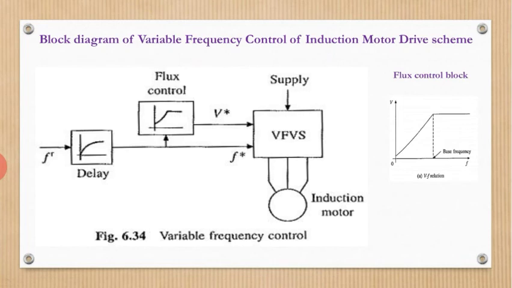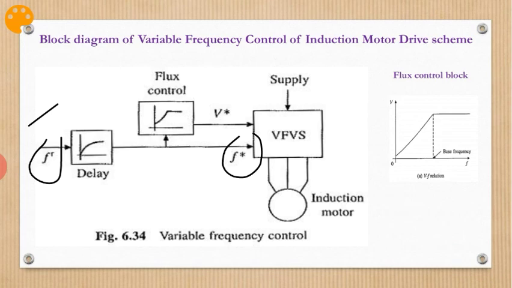A delay circuit is introduced between F star and Fr. Its function is to restrict the motor operation for each frequency between synchronous speed and the maximum torque point, so it changes only slowly.